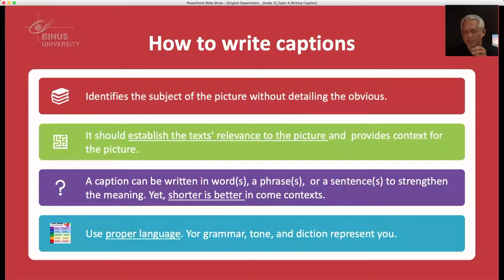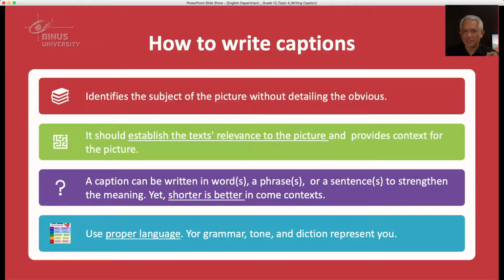This is how to write captions according to the sources that I cite. The first one, it should identify the subject of the picture. If you want to share a picture of you watching a soccer match, perhaps your caption should be about the soccer match. It's not about chess. Or perhaps if the soccer match feels like a chess game, then perhaps you can. But a caption should really be identifying the image. Also, it goes with point number 2. It should be relevant.